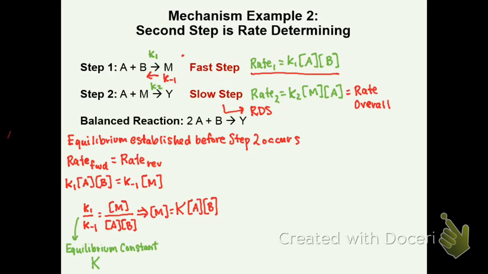So we could determine the equilibrium constant, and we can measure concentrations of A and B because we know how much we're starting with. So basically we can substitute this back into the rate law.